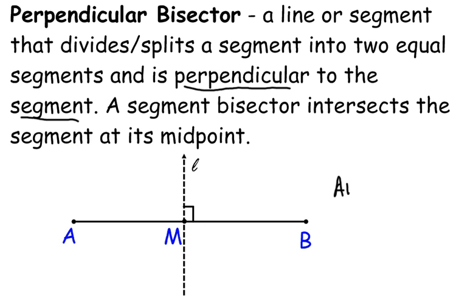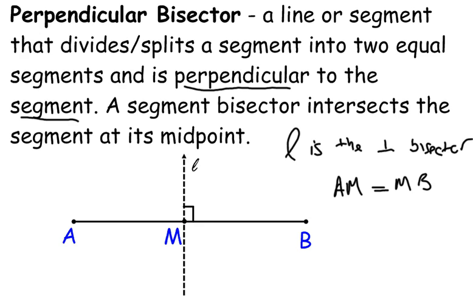So here AM is also equal to MB. But what it also does is that it is perpendicular to the given segment. So that's why you see a 90-degree angle here. So it does two things. It splits the segment into two equal segments and it's perpendicular to the segment. So L here is the perpendicular bisector.